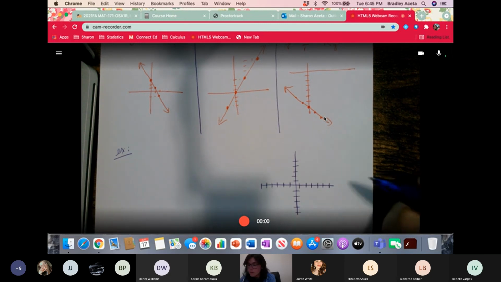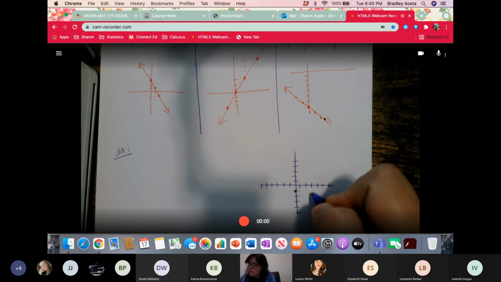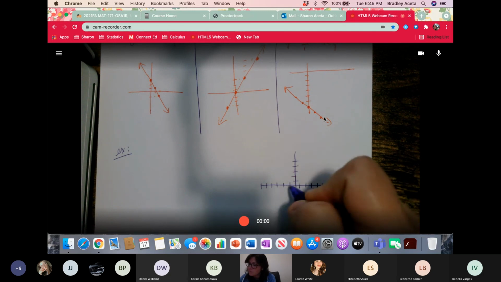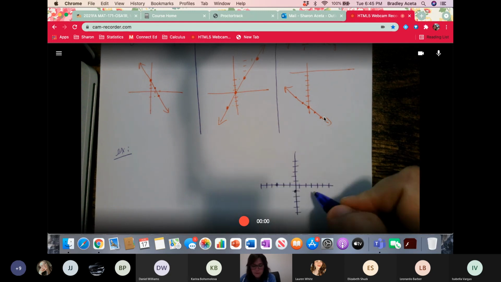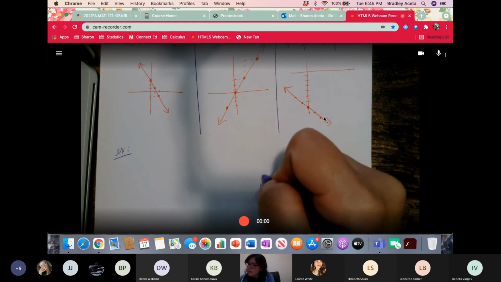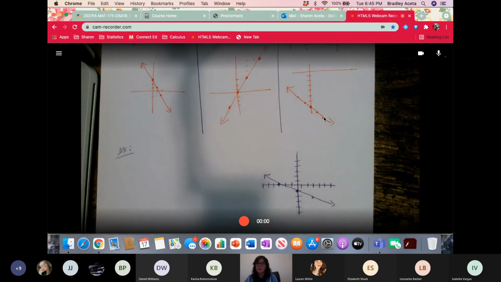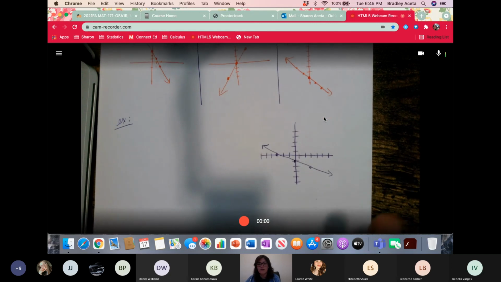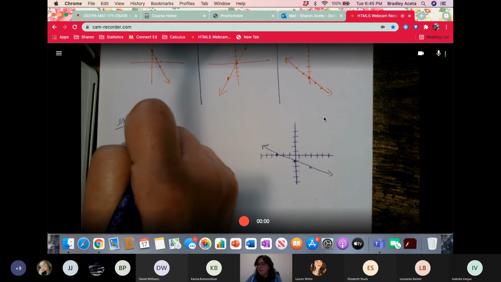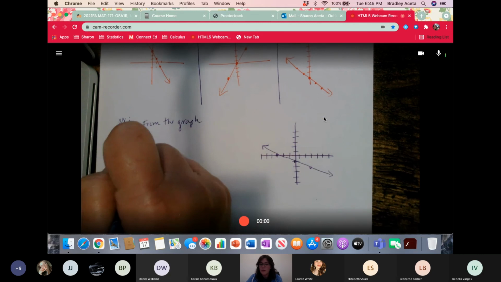And they'll have some points on the graph. So this is what they're giving you. They're giving you a graph, and obviously it'll be much easier for you to tell. And from the graph, you need to determine the following things.